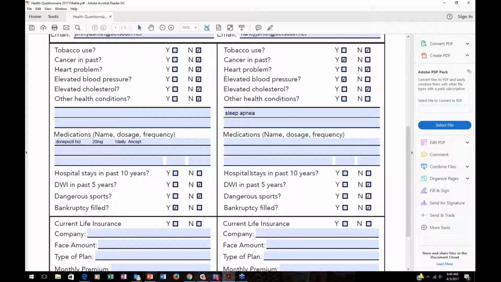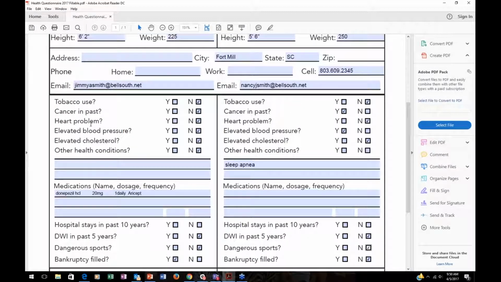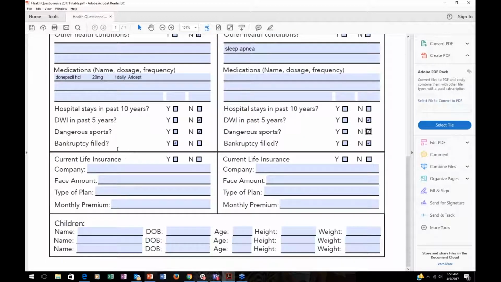Again, when we get into the actual guidelines and start talking about risk, believe it or not, bankruptcy can have as much of an effect on them being declined for coverage as having had perhaps a heart attack in the last 6 months. So again, pertinent information that we need to know.